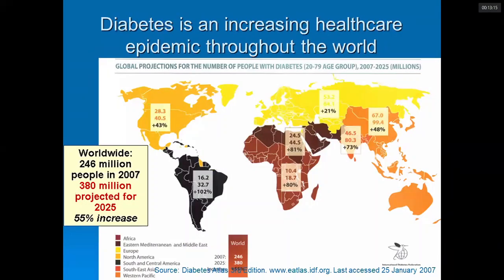And this map will show the different epidemic through the world.